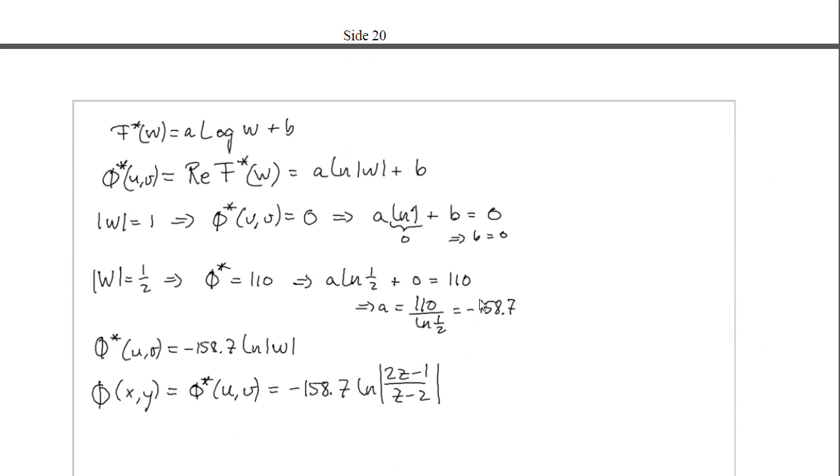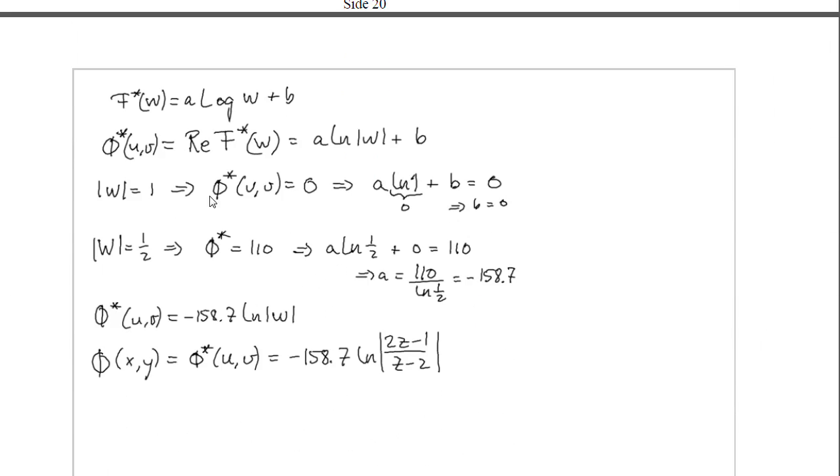So let's insert this information into this expression. So we have that A multiplied with the logarithm of the absolute value of W, which was 1/2. The radius was 1/2 plus B, which we have seen is equal to 0, should be equal to 110.